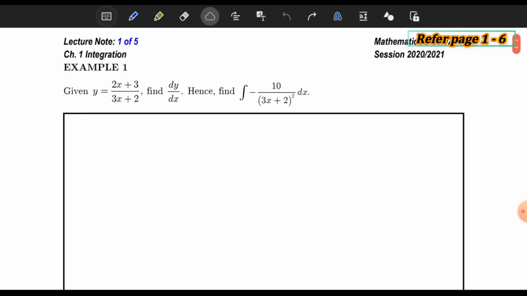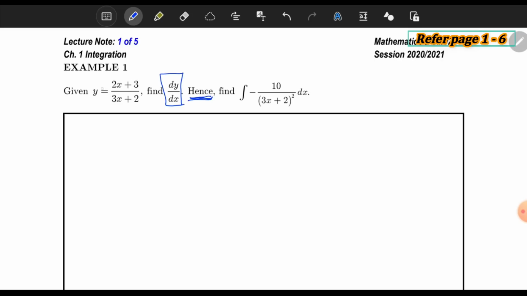Okay, we go to example number 1. Given y equals (2x plus 3) over (3x plus 2), find dy/dx. dy/dx is the derivative, and hence, the word hence means we need to use the previous answer. So firstly, we need to find the derivative of y.